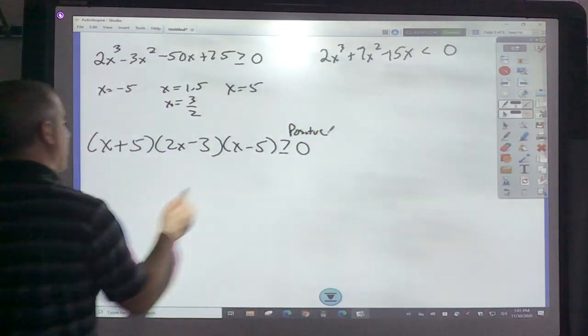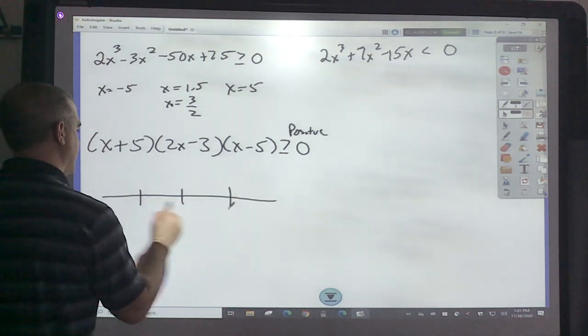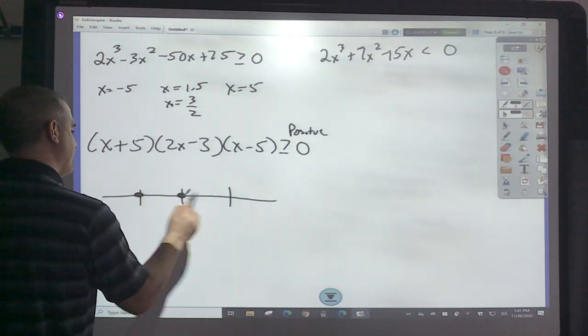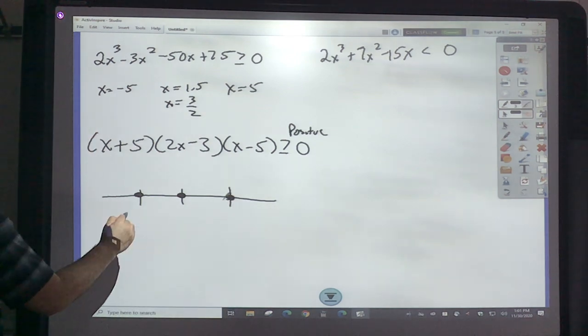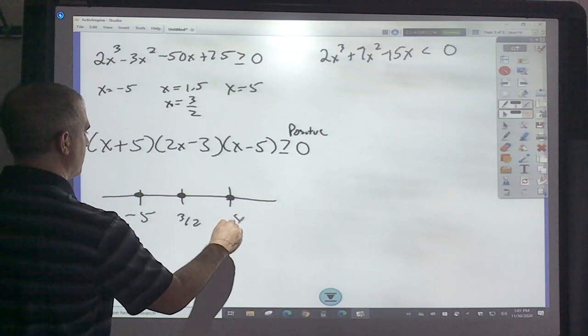Since I got that little line underneath, I know that my dots are filled in. -5 would be here, 3/2 would be here, and this would be 5.